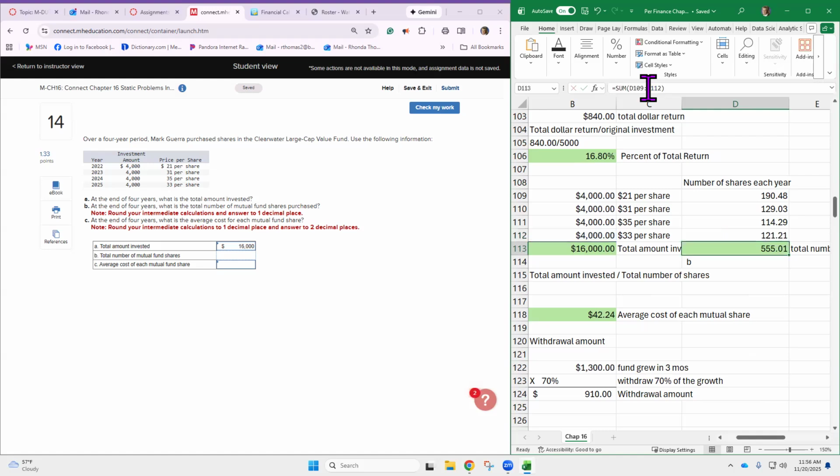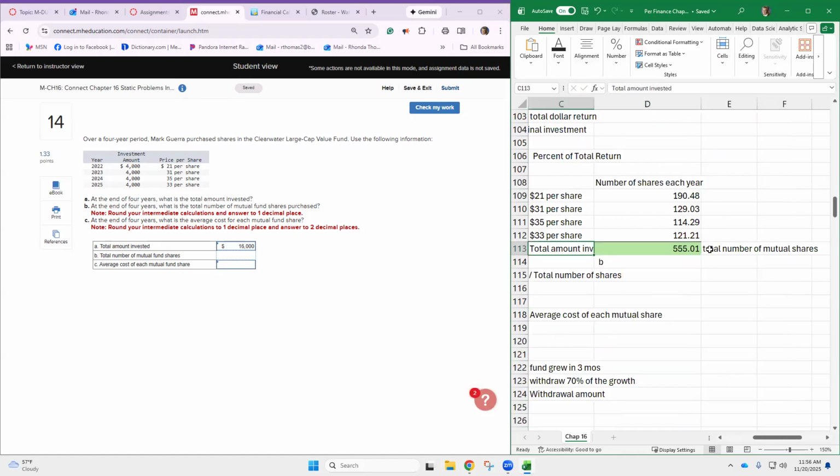So this is the number of shares. All right. So based on that information, when we add up all of these numbers together, we get 555.01 shares.